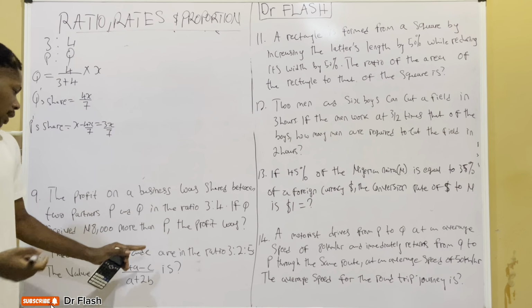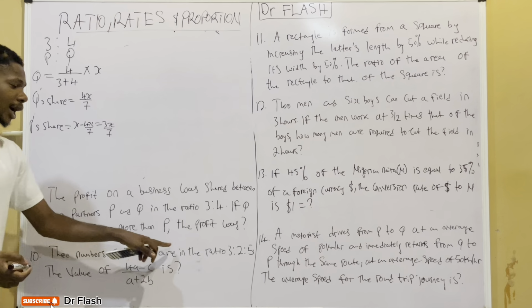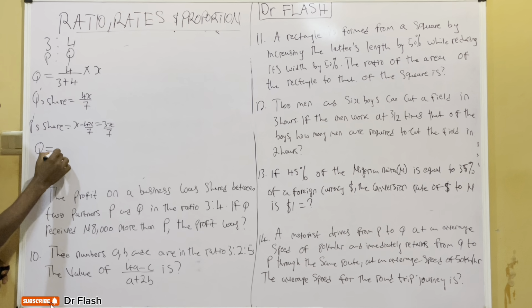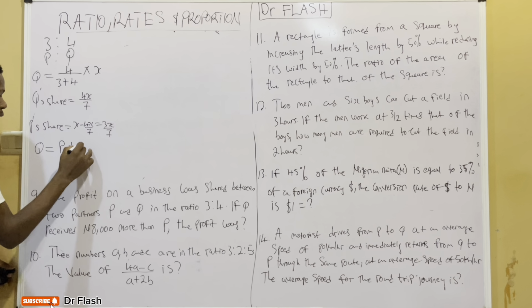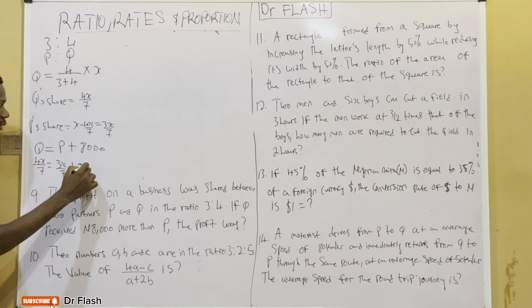Now they said Q received 8,000 more than P, which means Q's share is equal to P's share plus 8,000 naira. So we are going to replace Q with 4x over 7: 4x over 7 equals 3x over 7 plus 8,000.